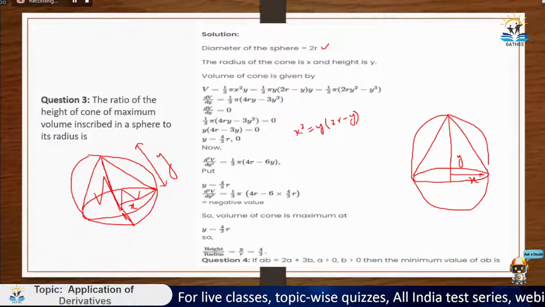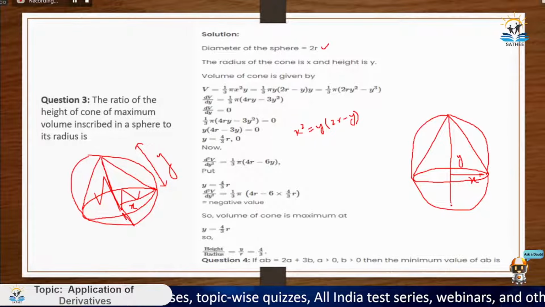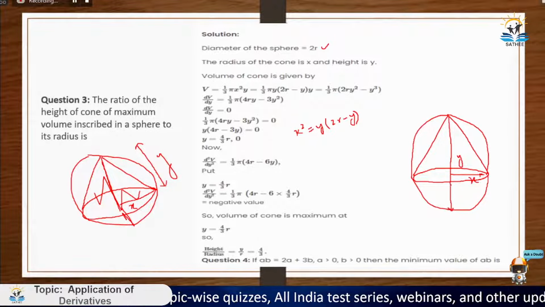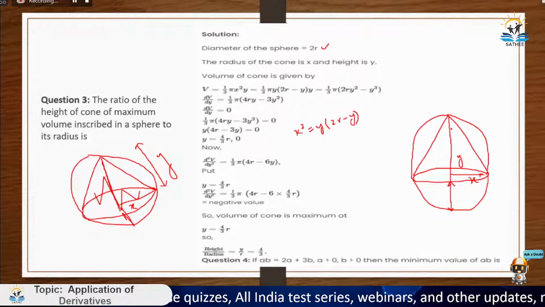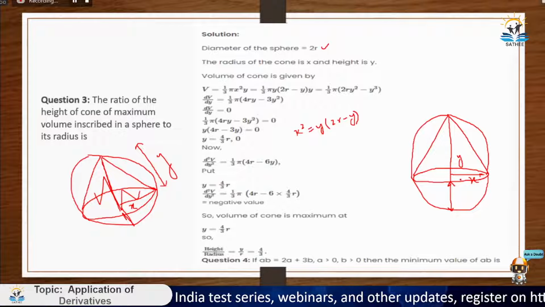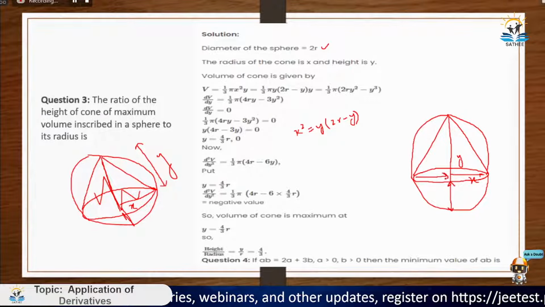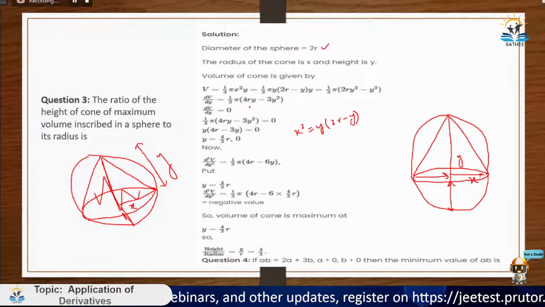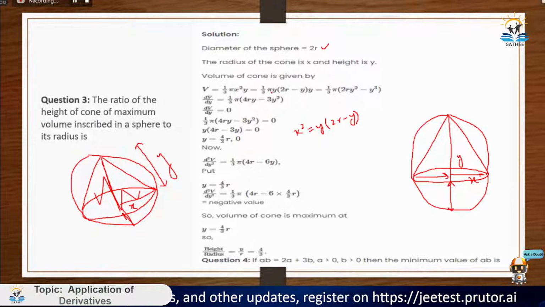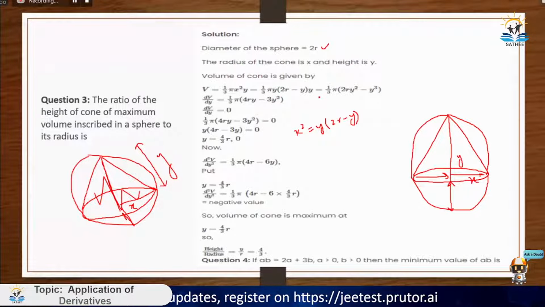So I am saying that this y into this distance, which is 2r minus y, because the diameter is 2r and the maximum value of cone would be at the center only. So y into 2r minus y would be equal to x, basically, would be equal to this distance, because it is symmetric from all sides. So basically that's why I changed x squared equal to y into 2r minus y, so that I can change my entire equation into one variable, which is y.